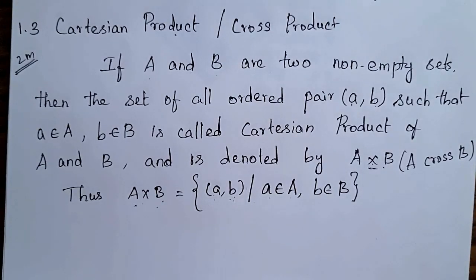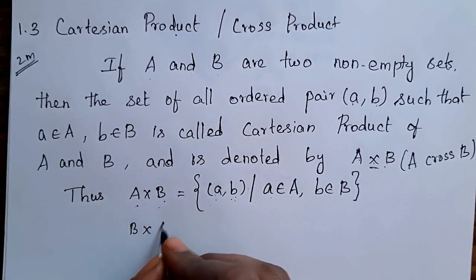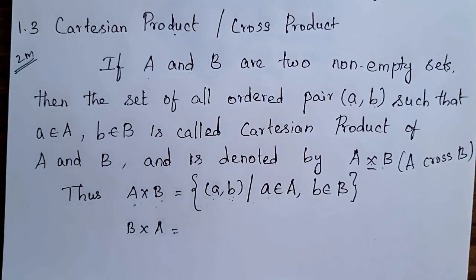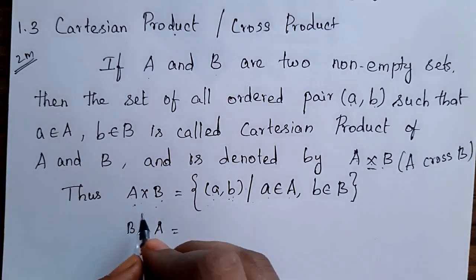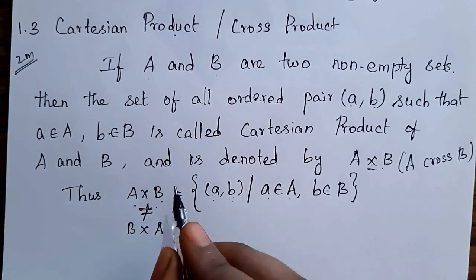When you learn the example, you should be clear about this. Then I want to ask a question. It is A cross B. Now, what about B cross A? Both are not equal, okay? Don't get confused, both are not equal.